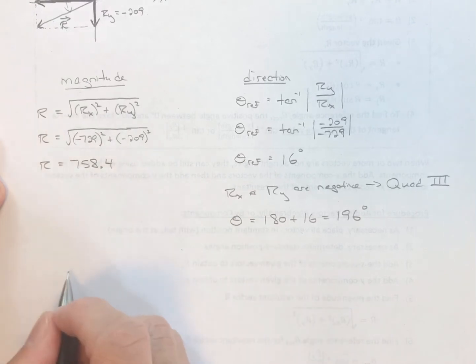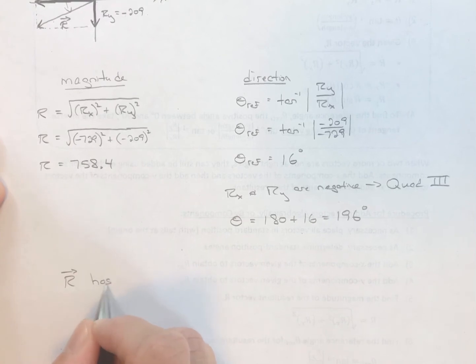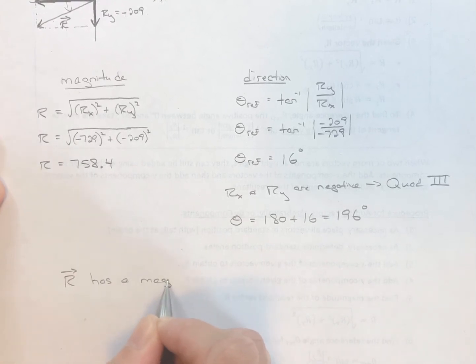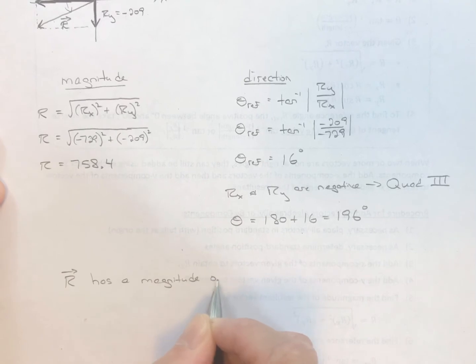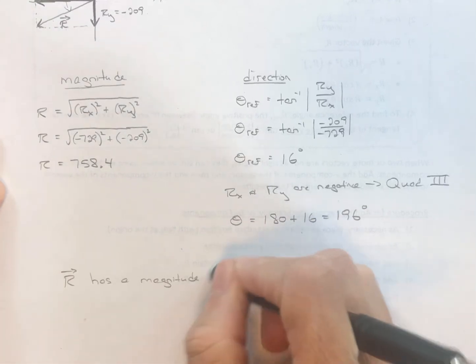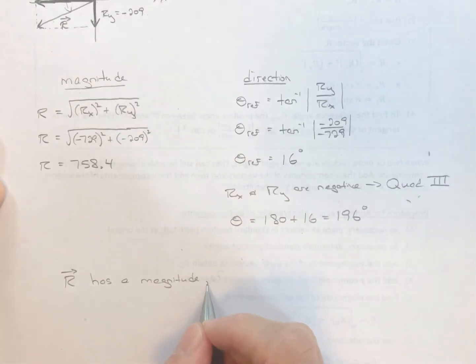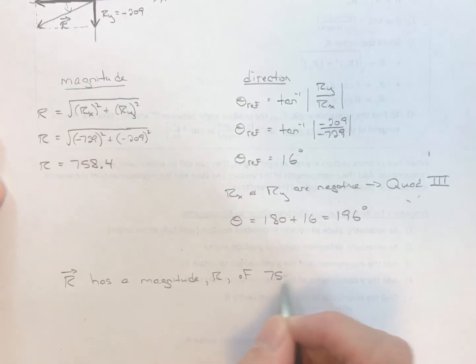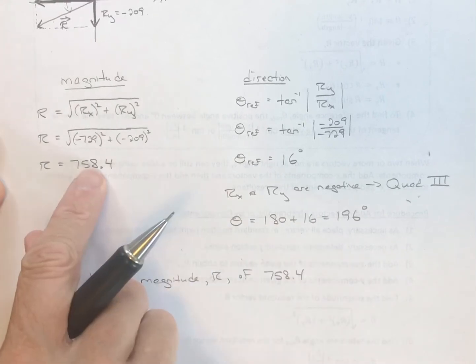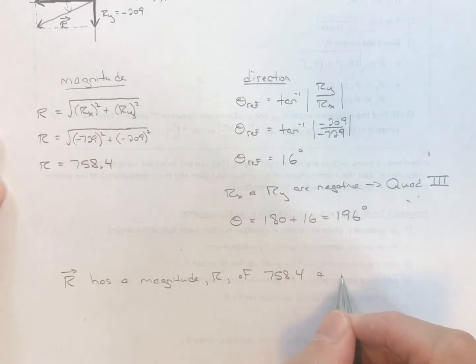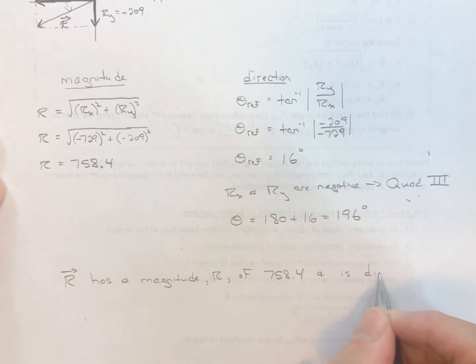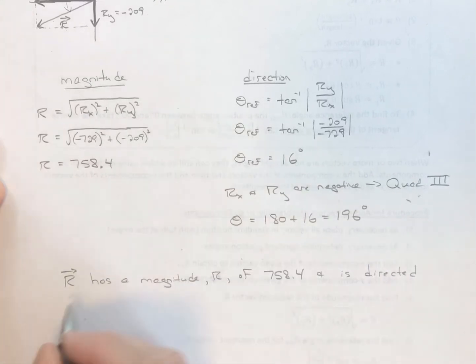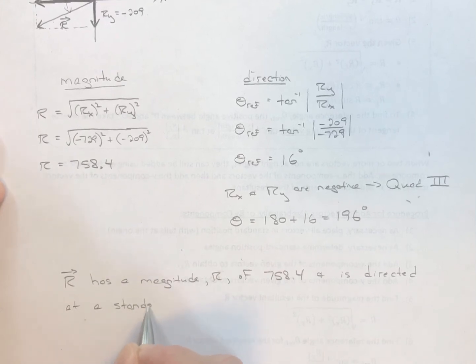Okay, and so I'm going to write that down again. The resultant vector r has a magnitude r of 758.4 units from here, and is directed at a standard position angle.